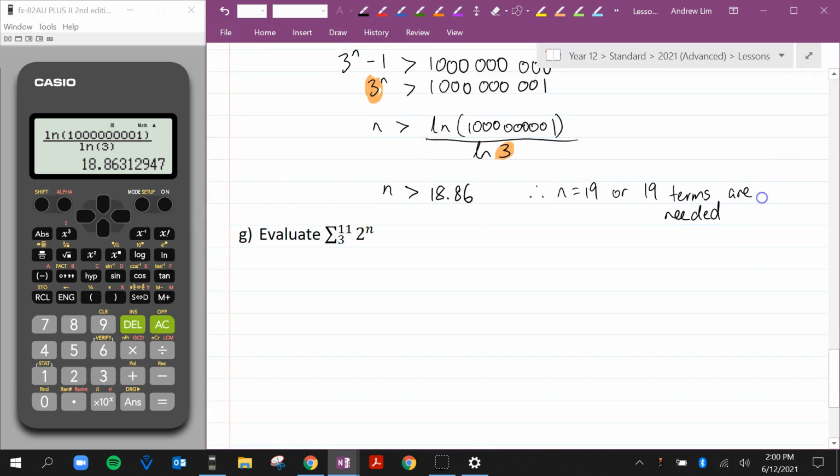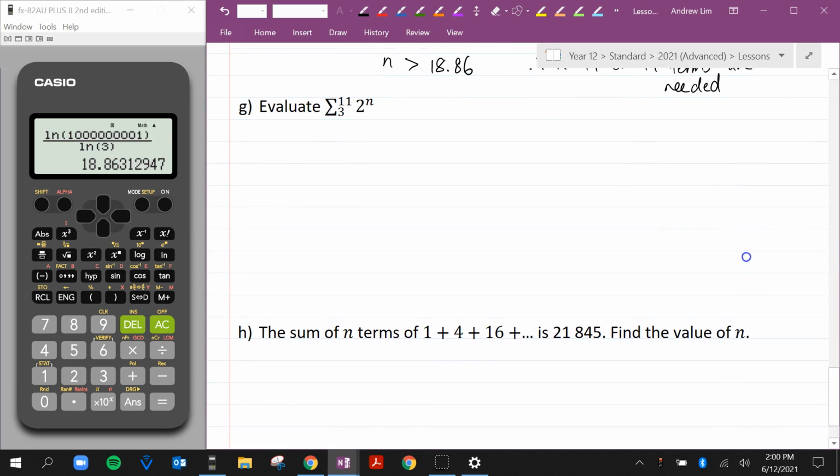Okay. Question G. Evaluate the sum from 3 to 11 of 2 to the power of n. So here, the first term is when n is equal to 3, and that will be our last term when n is equal to 11.